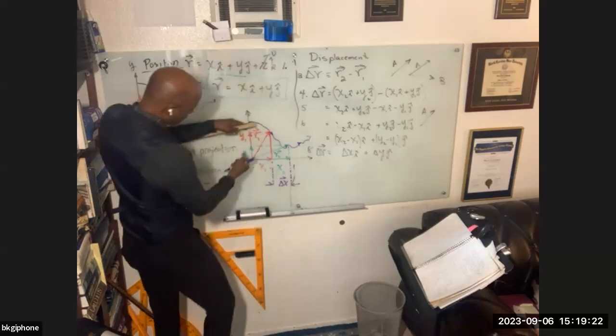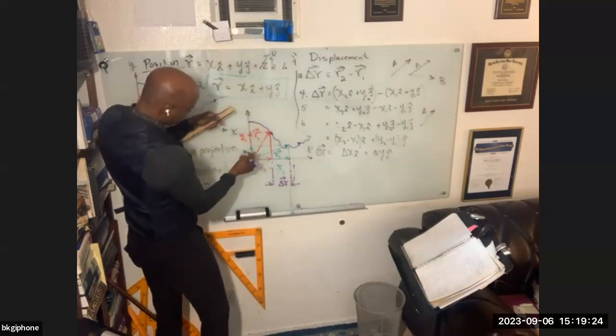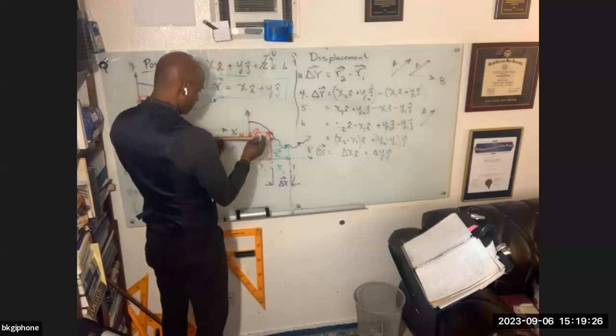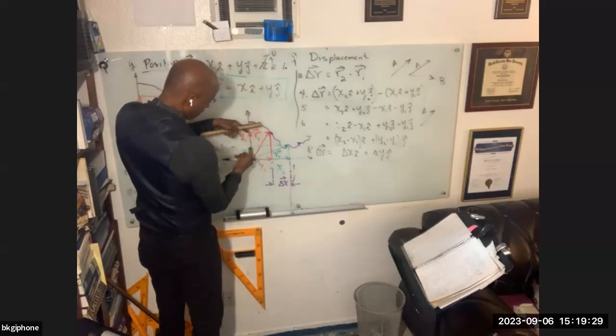And delta Y is going to be this distance right here, right? So if I project this out over here somehow, right? Because it's this minus that, which just leaves this.